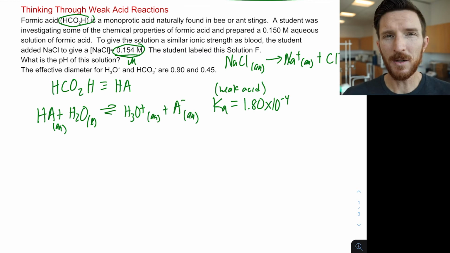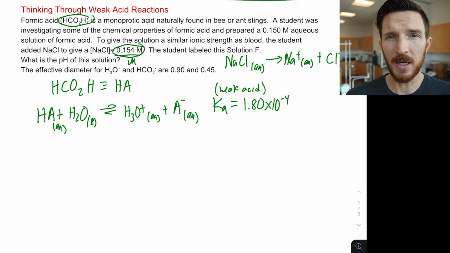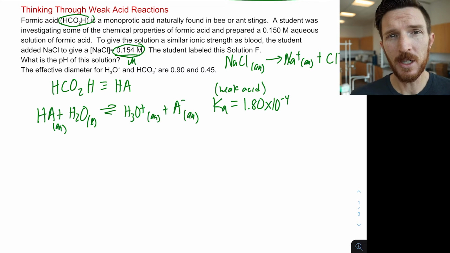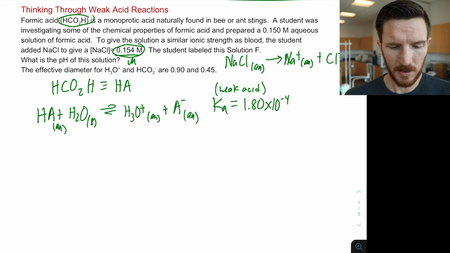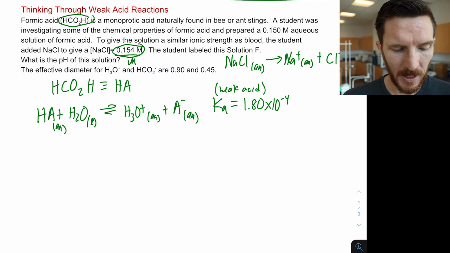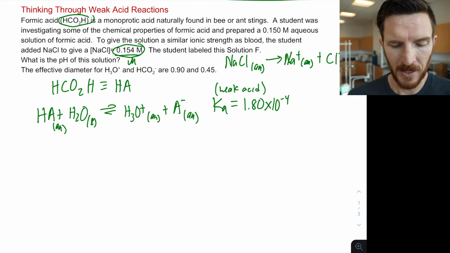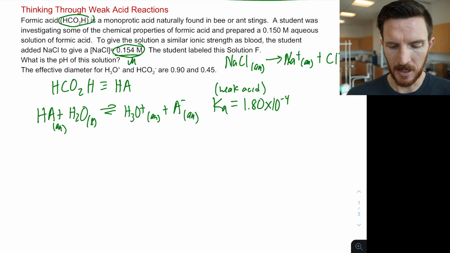We see that we have our sodium chloride dissociating into sodium and chloride ions, not necessarily producing hydroxide or hydronium, so we wouldn't necessarily focus on those as part of our pH relationships. And then we have our formic acid undergoing this reaction to produce hydronium and the formate ion. And it is a weak acid equilibrium reaction.